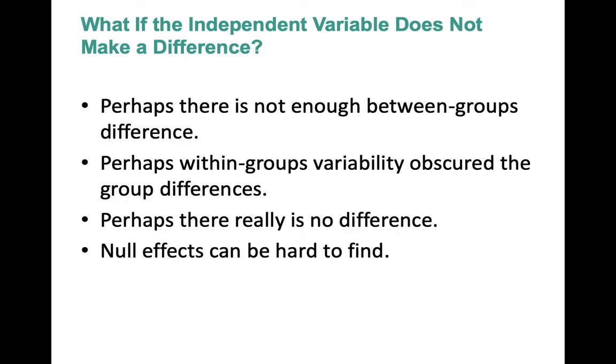So that's why null effects are both easy to find and hard to find. They're easy to find for the wrong reasons: we don't have a properly designed study, or there's not enough participants. But when there is a true null effect in the population, they're hard to find because we very often don't have a large enough sample size to conclusively show that, no, really, it's a null effect.